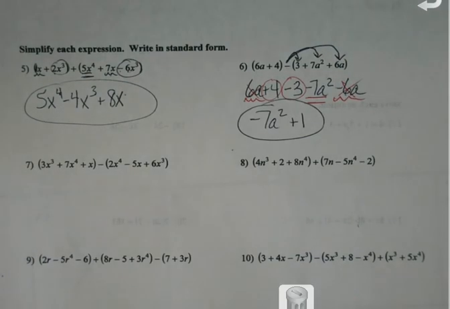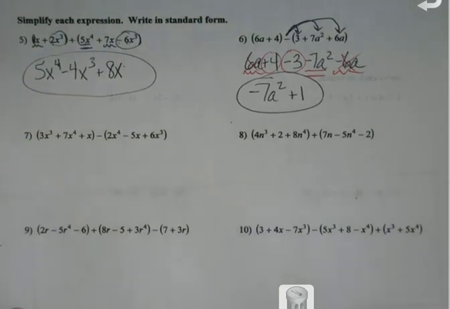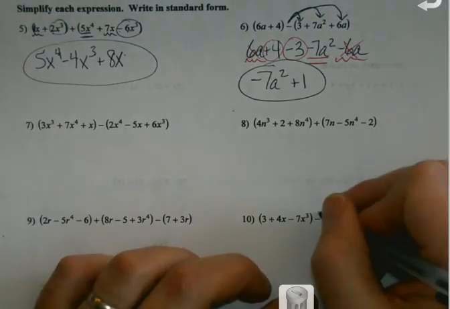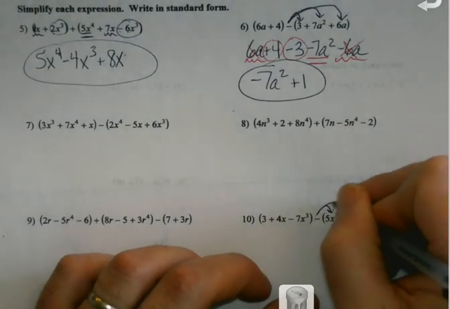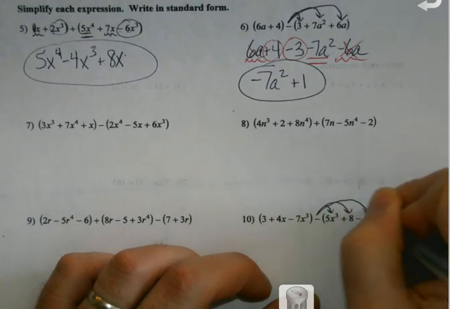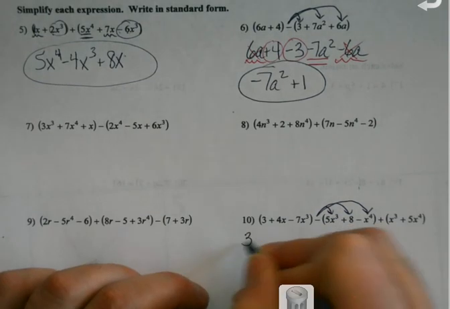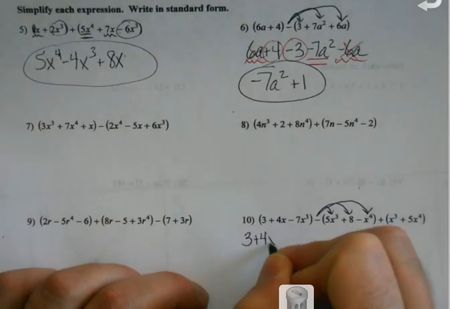Okay. One last one. I'm going to skip down to 10 here, because I want to leave a little bit for you too. Wow, lots of sets of parentheses. But remember, there's one thing we're looking for. Is there a minus? Because if there is, everything in the parentheses right after that's going to get the negative. So I'm going to rewrite what I have in the other parentheses.